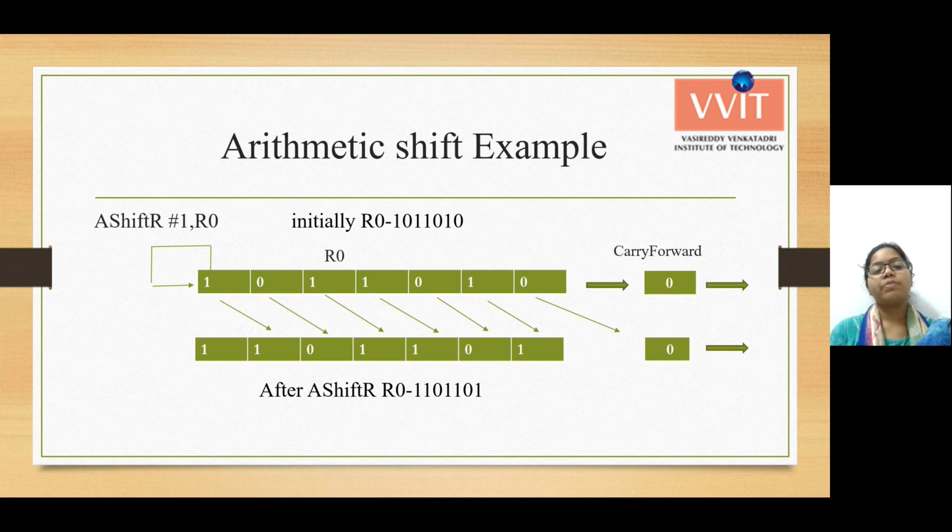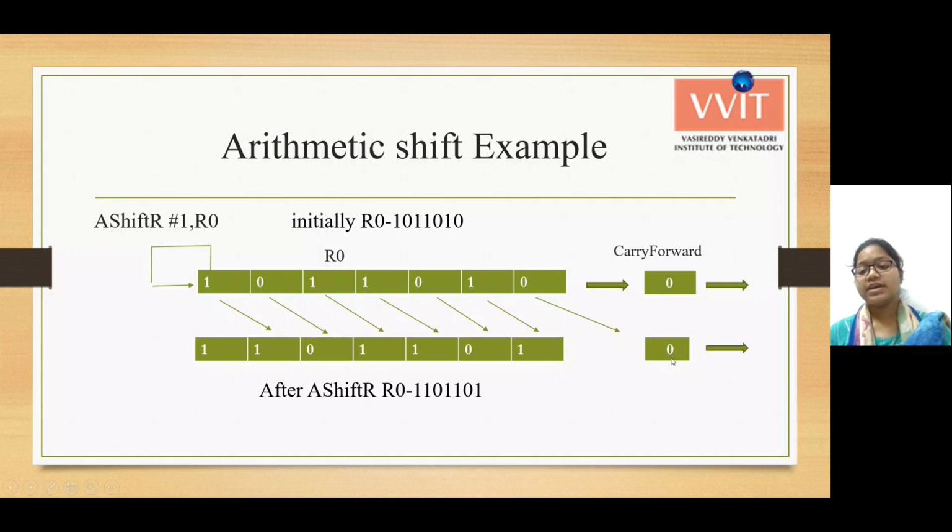Hence, only once we need to perform the arithmetic shift right on R naught. Here, the MSB bit 1 is moved towards right, 0 is moved towards right, 1 is moved towards right, 1 is moved towards right, 0 is moved towards right, 1 is moved towards right, and finally the LSB bit is moved towards the carry forward.